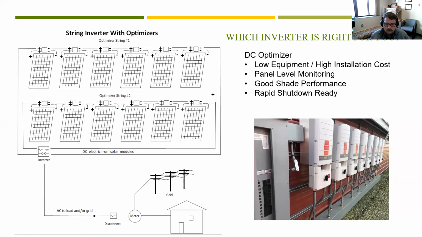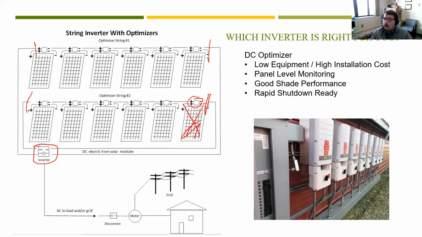The third type of system is a kind of hybrid of the two. What we have is optimizers up at the solar panels and a string inverter down at the bottom. These can also handle partial shading, so we only lose the one if they're shaded. They also can shut down at that level, so they meet rapid shutdown. They are intermediate in cost.